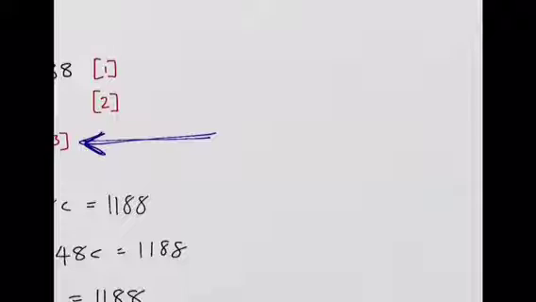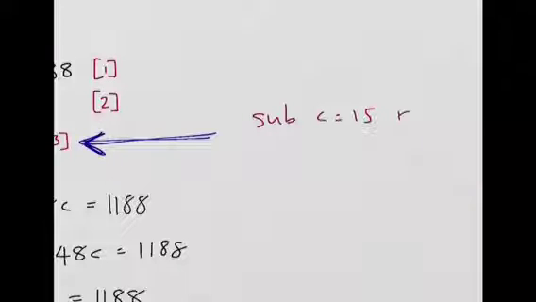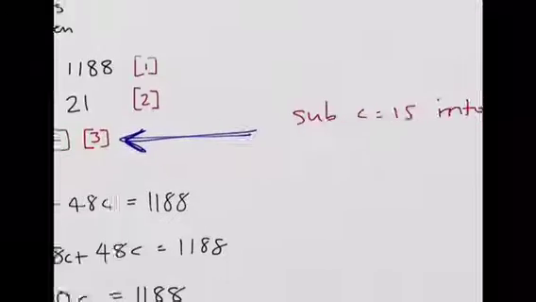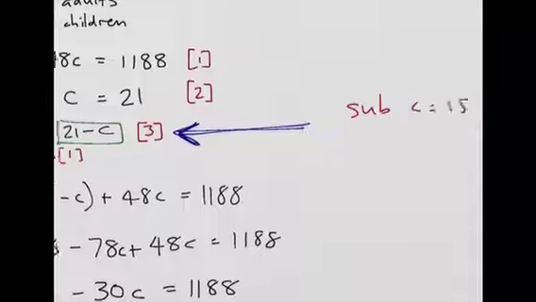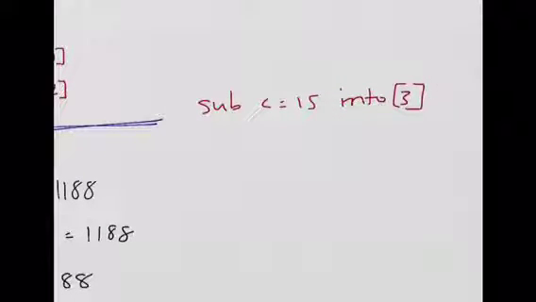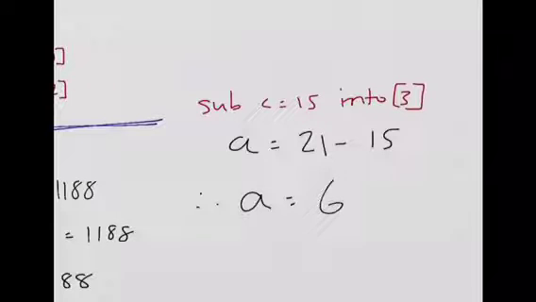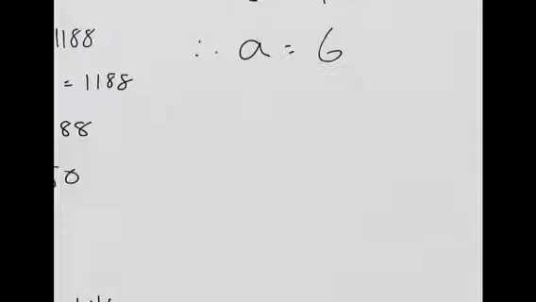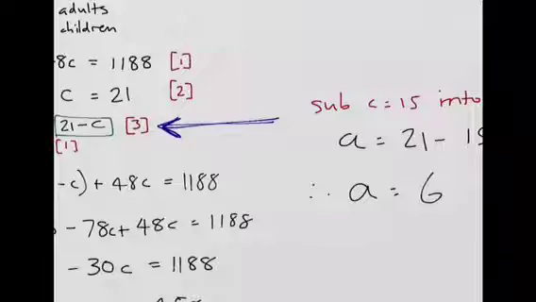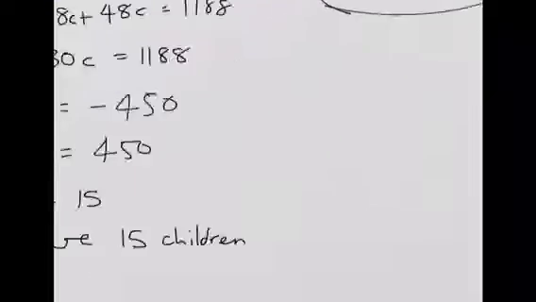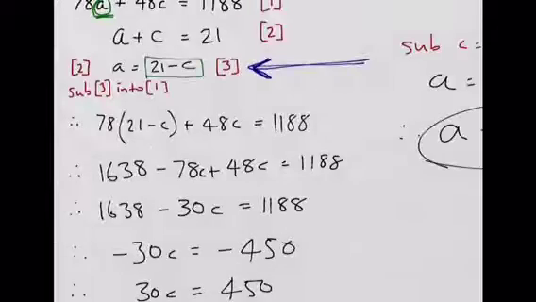Now we can sub C equals 15 into equation 3, A equals 21 minus C. So A equals 21 minus 15, which is 6. So A equals 6 and C equals 15.